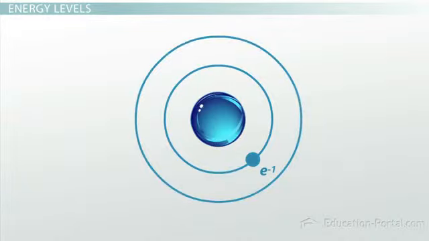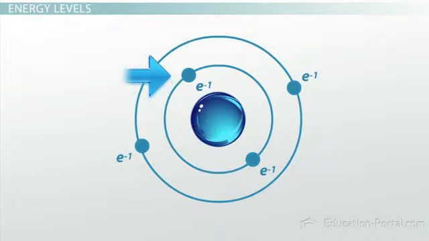And if I have multiple energy levels, I'm going to have even more energy associated with this second energy level. So as I move out in energy levels away from the nucleus, the electrons that occupy these energy levels have more and more energy because they've been pulled farther and farther away from this nucleus.